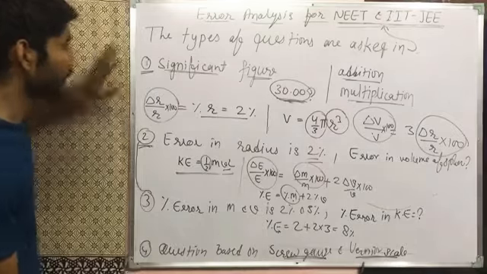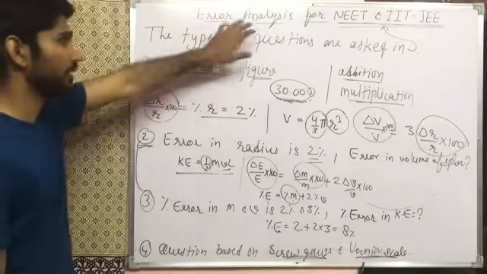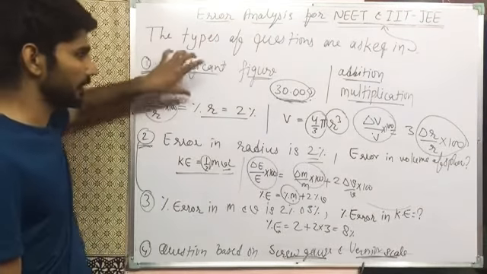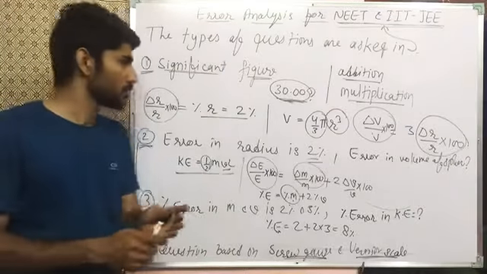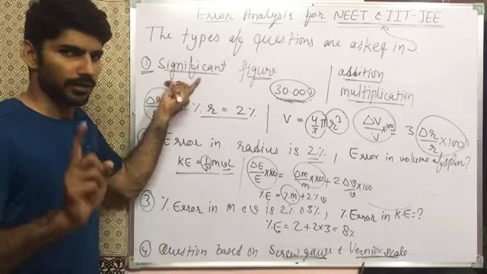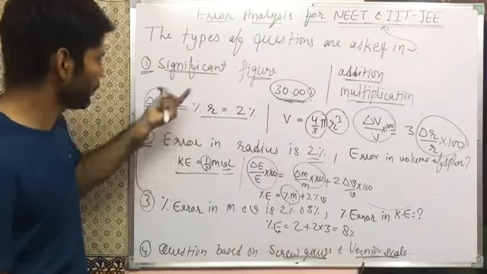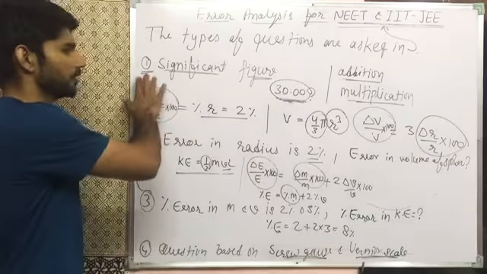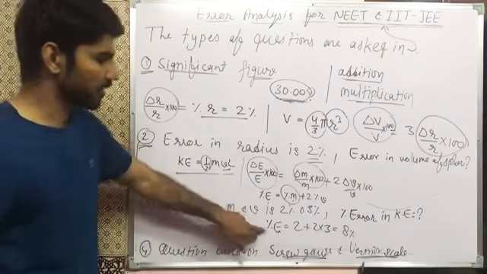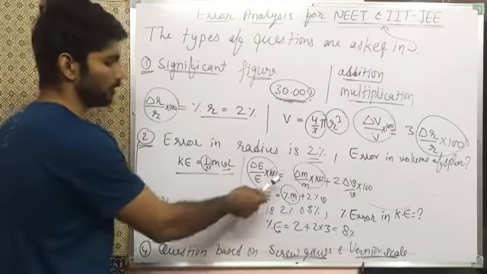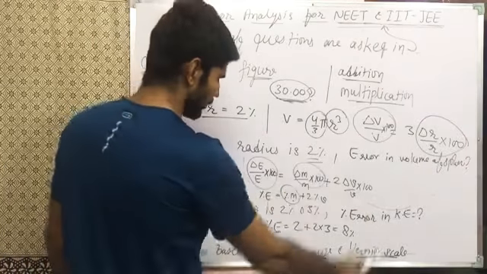So these four types of questions are asked from error analysis, in which significant figures are part of error analysis, and you will get all the rules for significant figures through the WhatsApp group. In the first case it is significant figures, and the second and third cases are mostly percentage error, for which we use the formula of relative error.